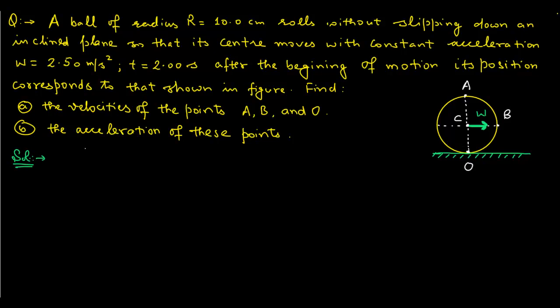Clear? As I have told you in problem 1.52 also, in order to find the velocity of a given point in such situations of pure rolling, here the object is rolling without slipping, means pure rolling, the velocity of any point, say point P, is the vector sum of the tangential velocity of that given point plus the velocity of the center of mass of the circular symmetric object.